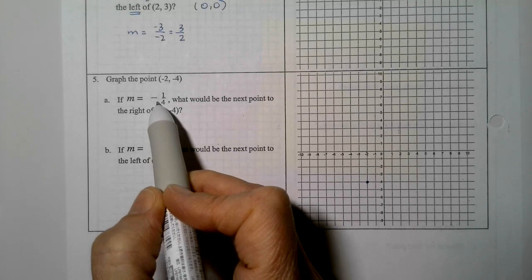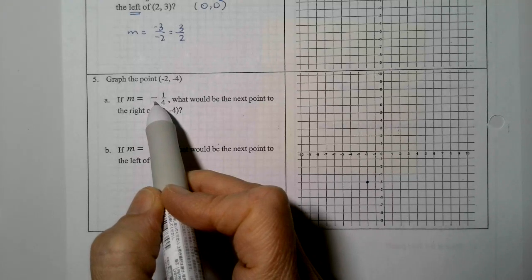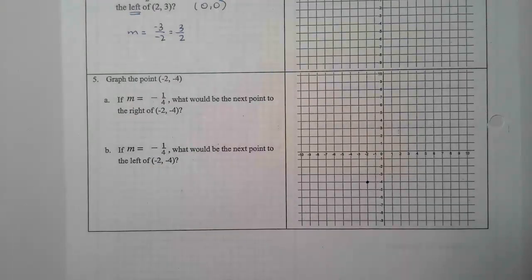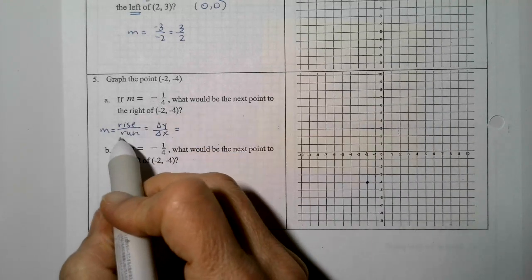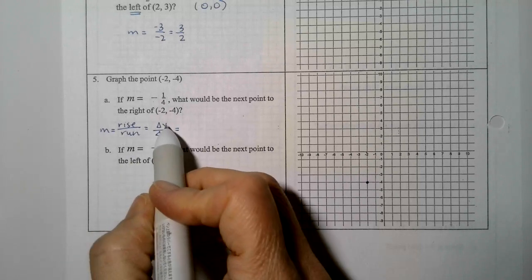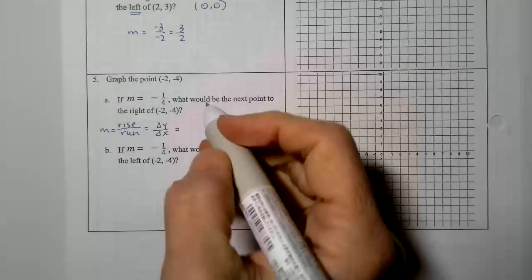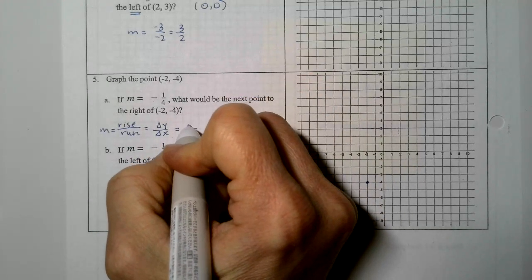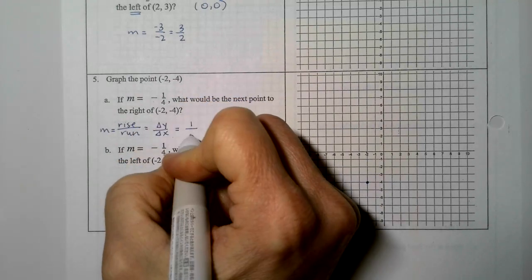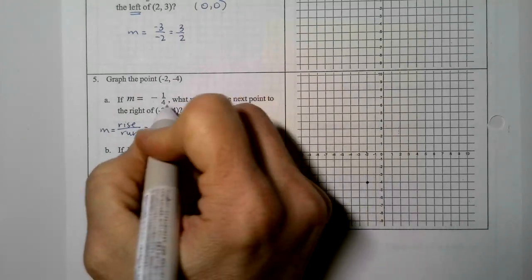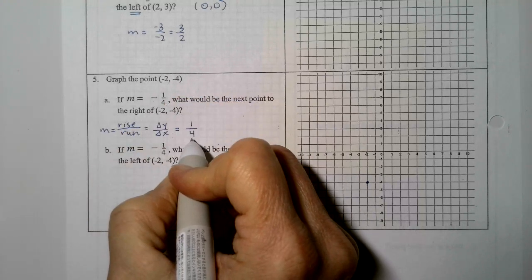And think of what it means to have a negative slope or a negative rate of change. Pause the video and plot that next point. So with slope being rise over run or change in y over change in x, we know that the change in y is 1 and the change in x is 4, but our ratio has to be negative.